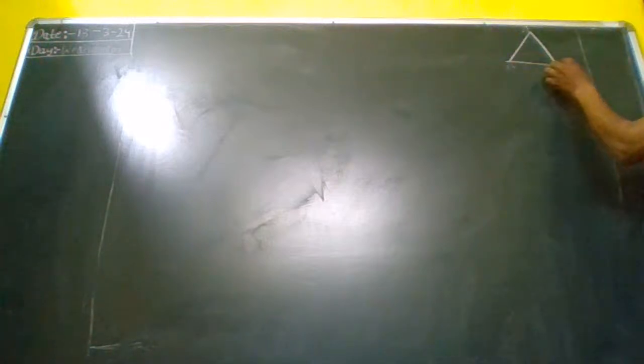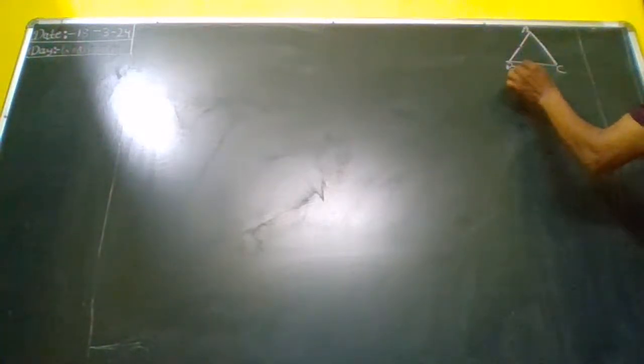In this question paper, the question is as follows. Here is a triangle given for us. This triangle is denoted by A, B and C. There are 2 midpoints.